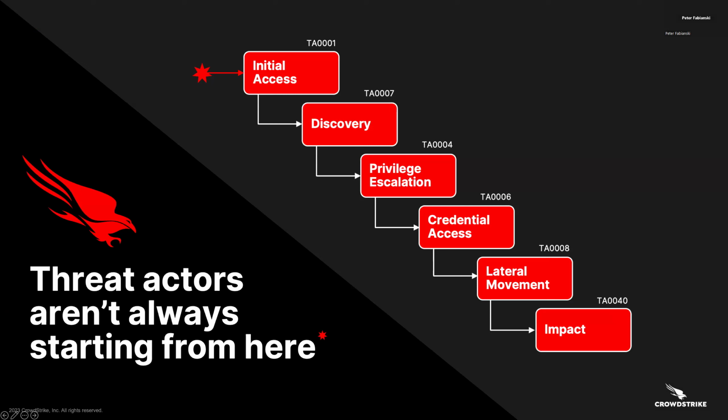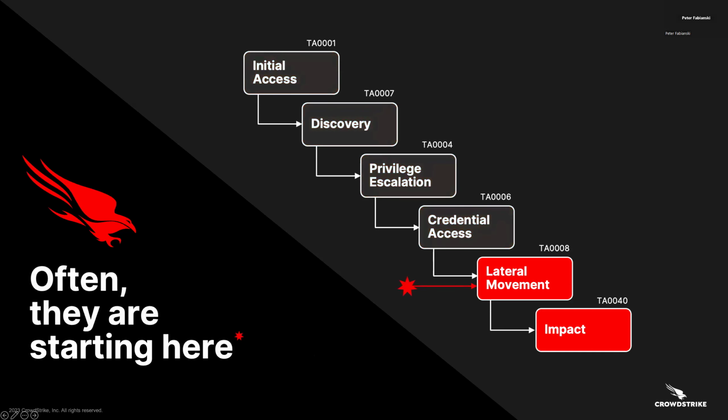This would start with some type of spear phishing attack via email, maybe smishing via text message, maybe social engineering via phone call. This is the very traditional way these crafty adversary groups get initial access. But we now know that adversaries who are leveraging identities can pretty much skip all these initial steps and go right down to lateral movement.